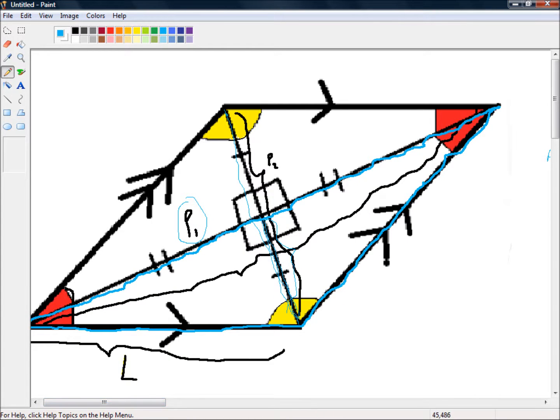Now this length, I'm going to use another colour just so it's obvious what I'm talking about. This length here, this P1 length, actually I'm going to use a nice thick line. This length here is common to this triangle that I made blue, but I'm now going to make whatever this colour is.